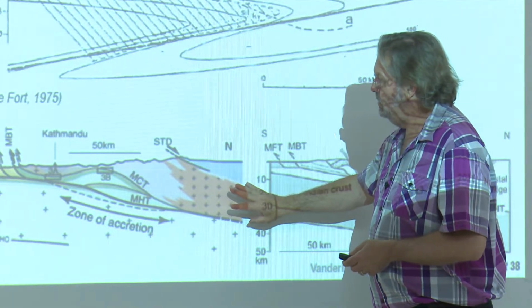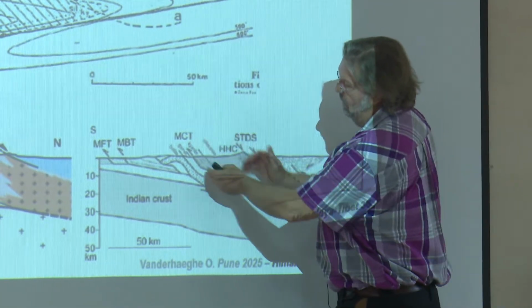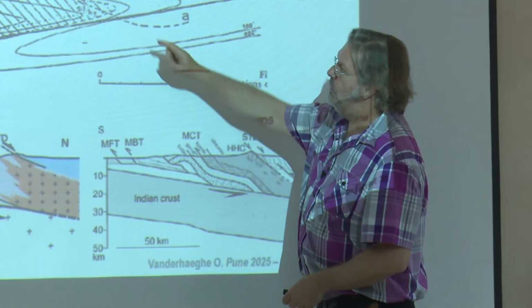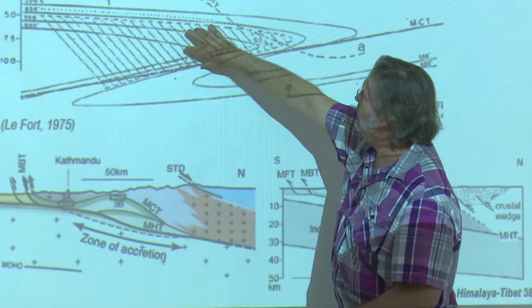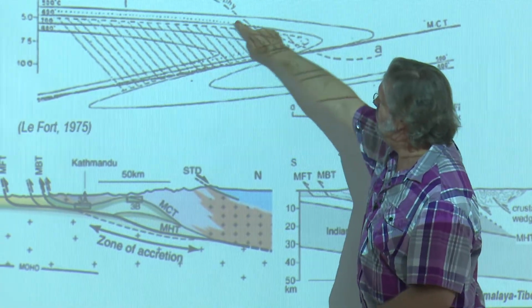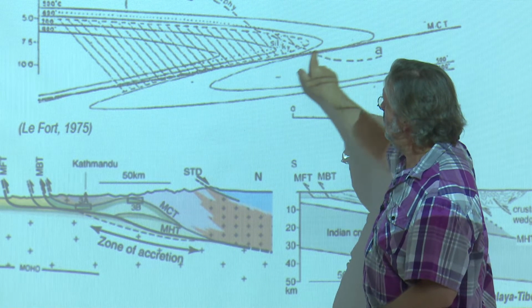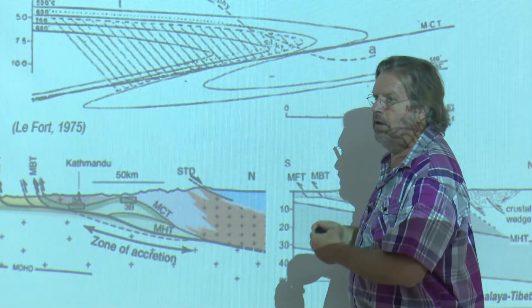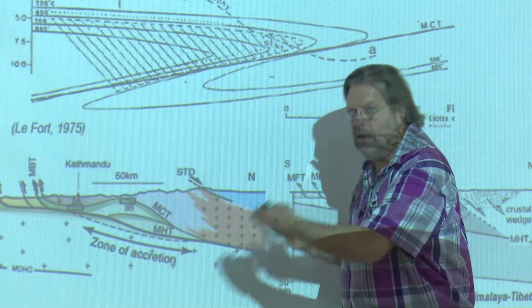This one also explains the inverted metamorphism with high-grade rocks on top of low-grade ones. And this is illustrated in that model where high-grade rocks would go on top of low-grade ones, causing an inverted thermal gradient, which then is reflected by the inverted metamorphic gradient.